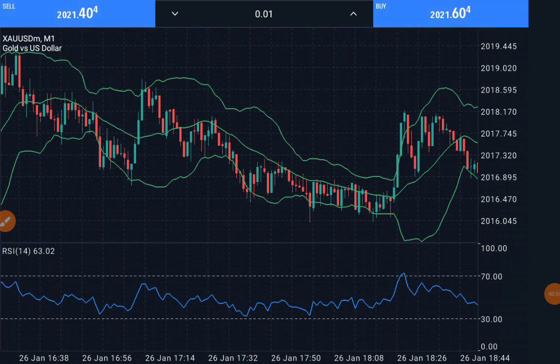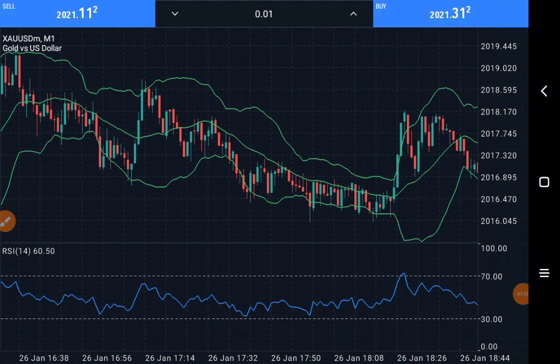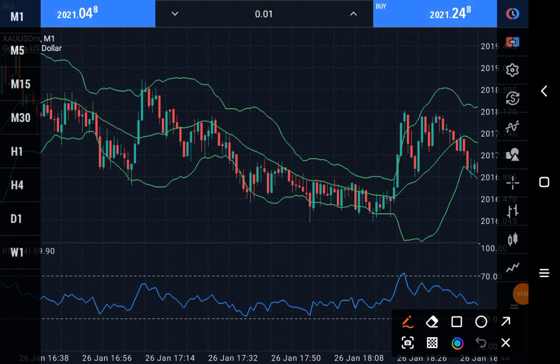It spreads and shrinks. The places where you see it shrinks are where price is not moving in one clear direction. Like here now, price is not moving in a clear direction.